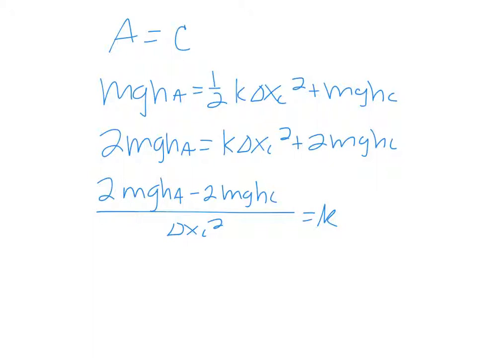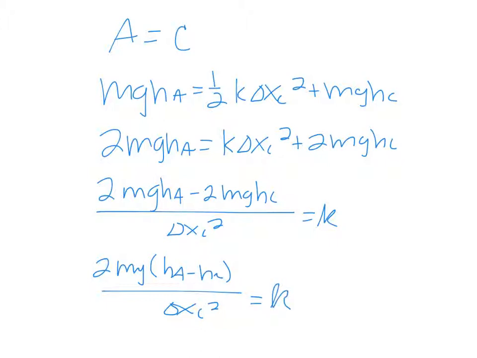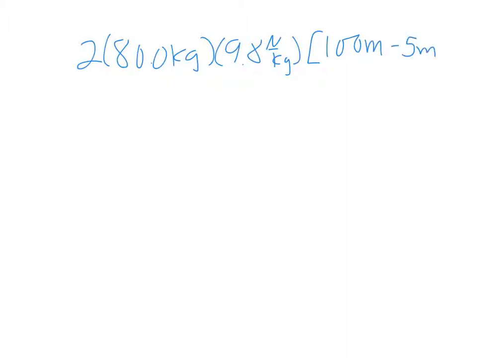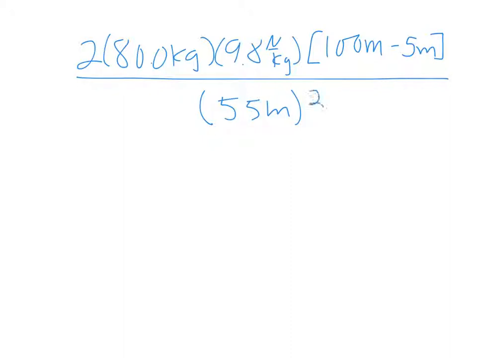The 2mg is the same, so factoring that out, 2mg times height A minus height C over delta x at C squared equals k. So 2 times the mass, 80 kilograms, times 9.8 newtons per kilogram, times my height at A, 100 meters, minus height at C, 5 meters, over my delta x, 55 meters squared, equals k.